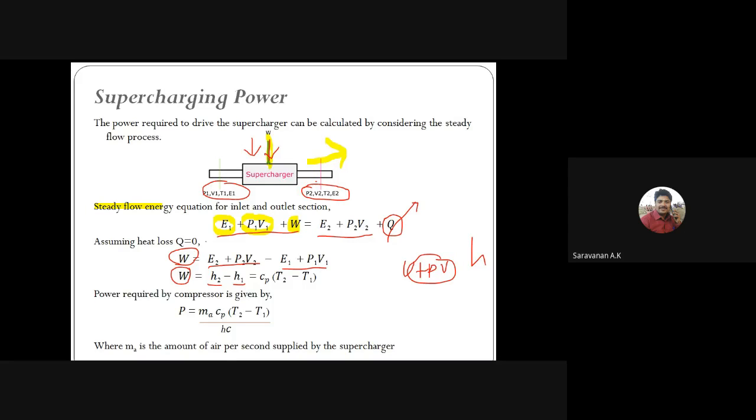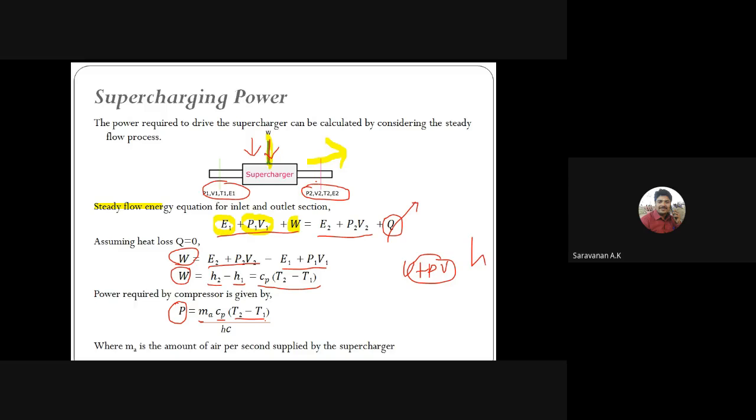Here you can see it will be denoted as the specific heat and the temperature difference. Generally the power required by the compressor is the mass flow rate, the specific heat and the temperature difference.